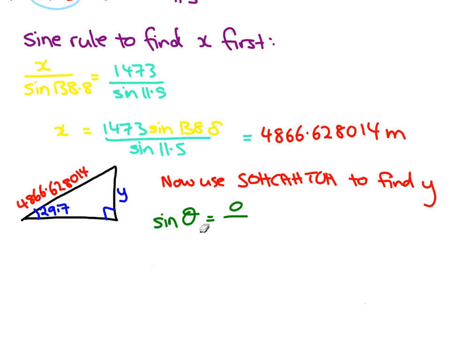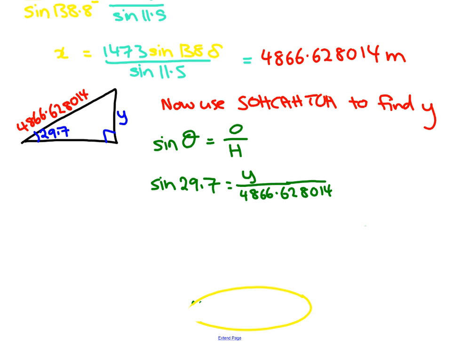It's just back to lesson 2 or 3, I think it was lesson 2 of this unit. Sine 29.7, because we've got the angle, equals Y over this number here. So Y over this long number. Remember, we have to use the unrounded answer for the hypotenuse, so we don't get a rounding error. Then to rearrange this, how do we get Y by itself?